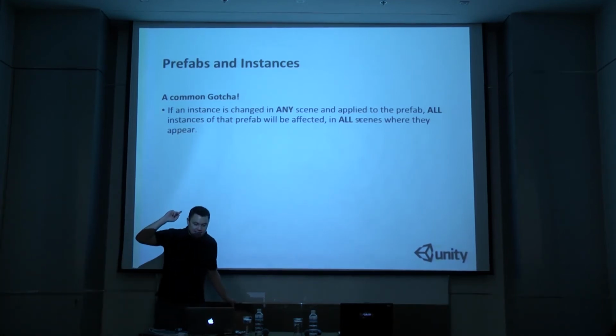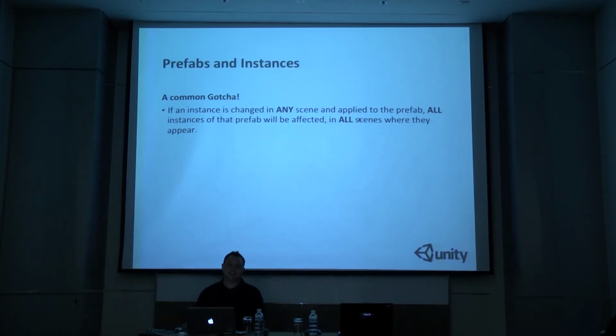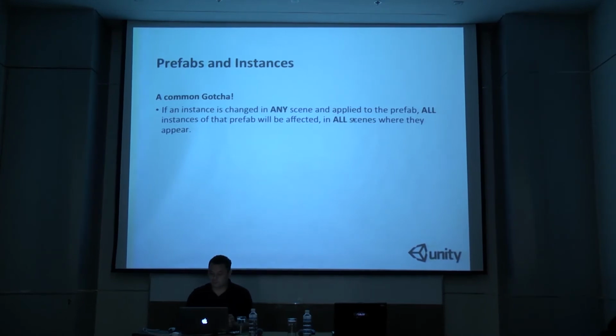So if an instance is changed in any seed and applied to the prefab, all instances of that prefab will be affected in all seeds where they appear. Reusable game objects, linked in to prefab in the project. Okay.